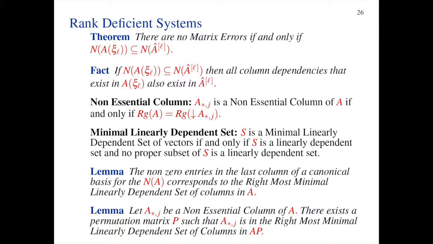Because we want to know where these column dependencies don't exist, it is exactly these non-essential columns we want to investigate, right? And what we show is that every non-essential column can be made part of the rightmost minimal linearly dependent set by just applying some permutation matrix.